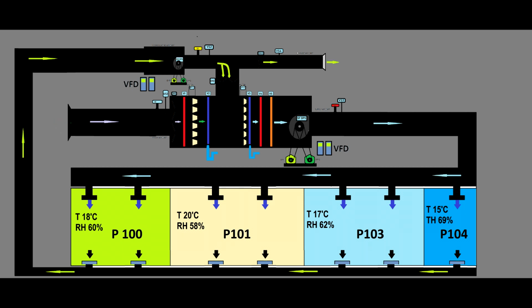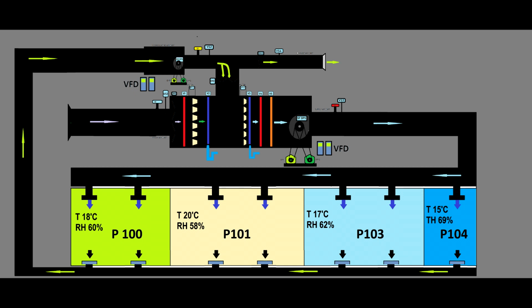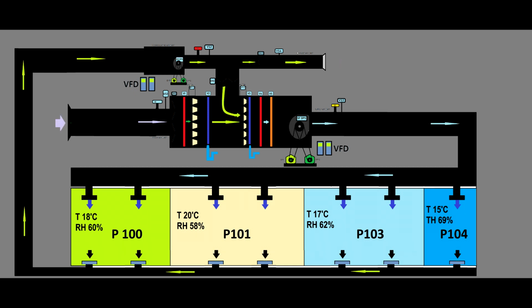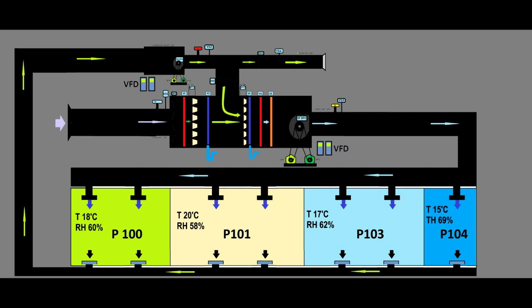Looking into the system, what you'll observe is that it is not provided with constant air volume, with variable air valves, with reheater, or with pre-coolers. This system provides air to 4 individual rooms.